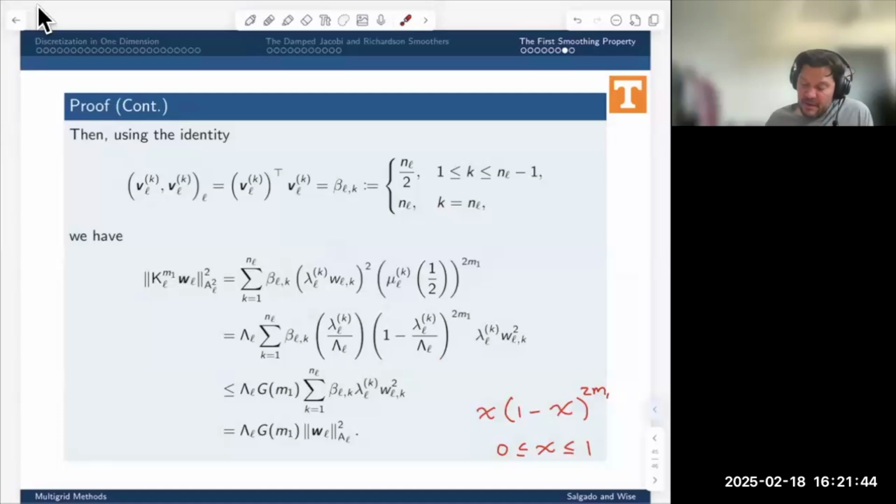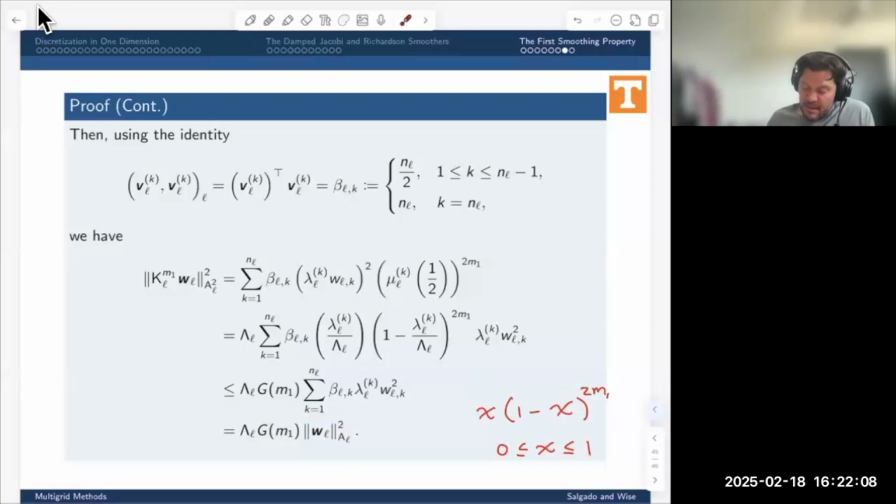Specifically, it depends on the size of m1. And so we're going to say the bound on this guy is just what we're going to call g of m1, the maximum value. Okay, so we want the largest possible value. We're going to replace this by the maximum, and everything else that's left we're going to just leave inside of there. Well, actually what's left is fairly easy to show.